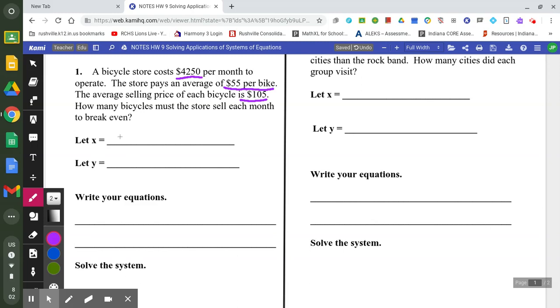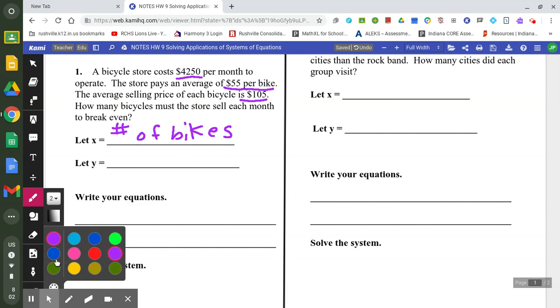So X is going to be our number of bikes, and Y is going to be the total cost.